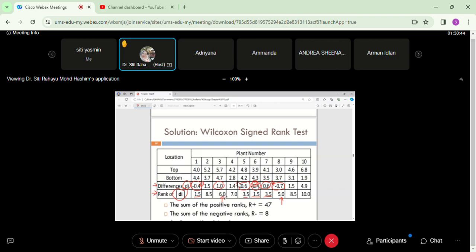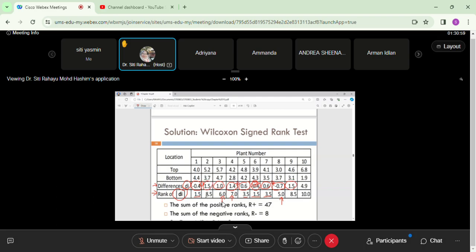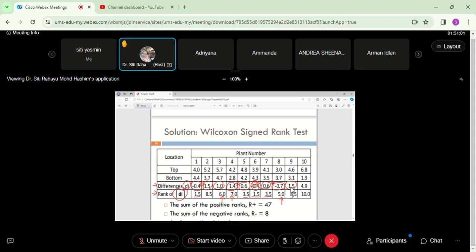All right, and then continue. The next one is 1.4, so the ranking is 7. The next smallest is 1.5, but unfortunately we have a tie here. So rank 8 plus rank 9 divided by 2 is 8.5. And then the highest is 4.9, so we can assign ranking 10.